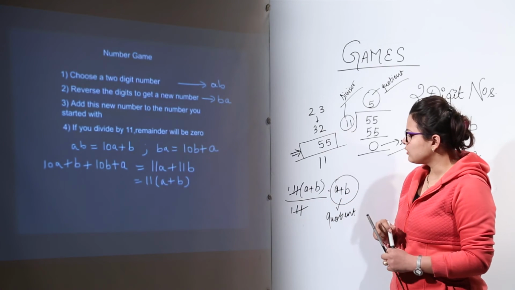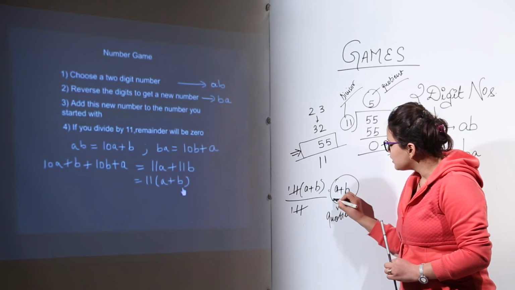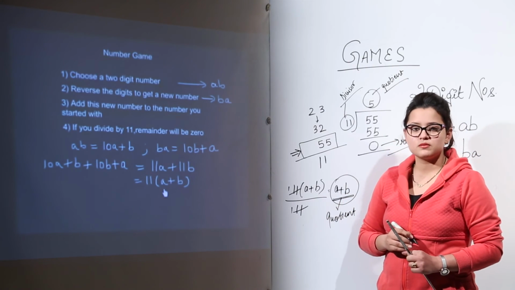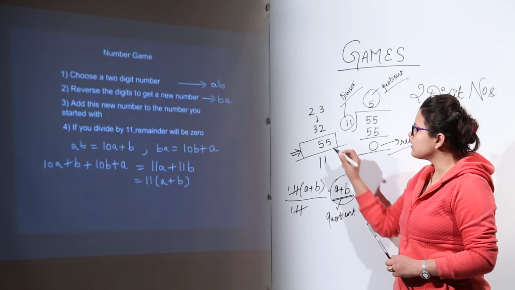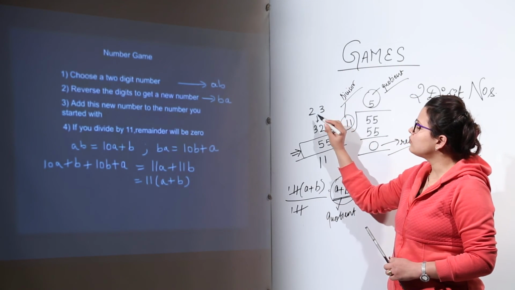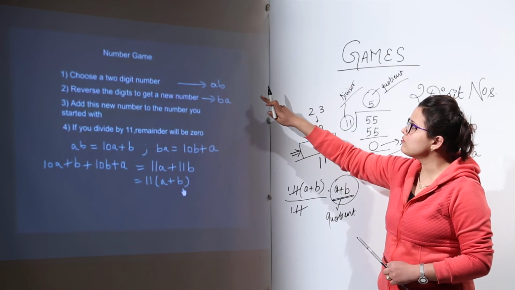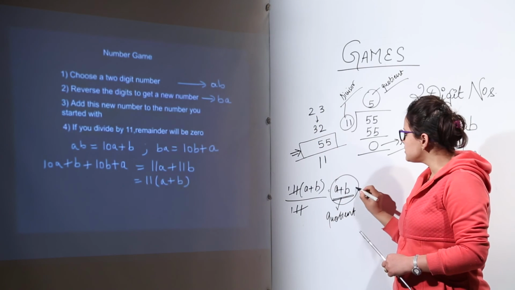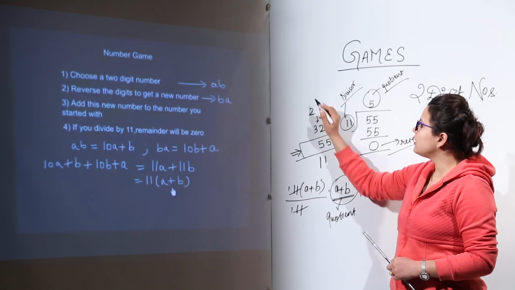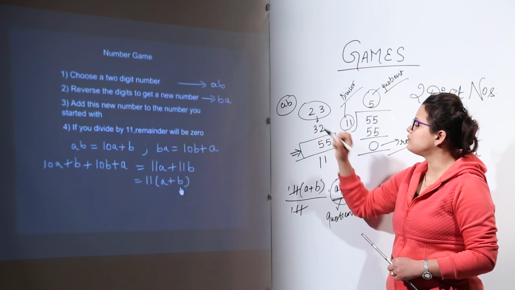What about the quotient? There is one more property you can check. The digits that were A plus B. Now your A plus B is giving you the quotient. Let us check for this example over here. What were the digits I had taken up earlier? Earlier, as AB was taken, I have taken up 2 and 3. Now, can you tell me the value of A and B by comparing it with 2, 3?